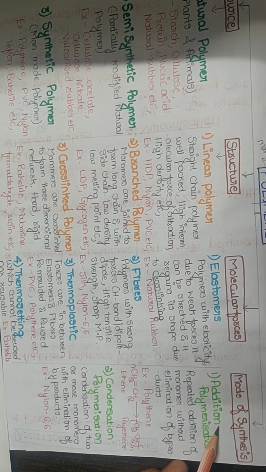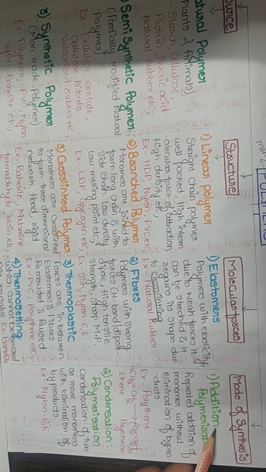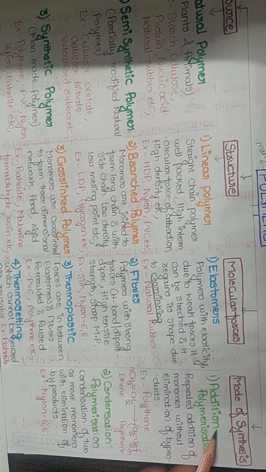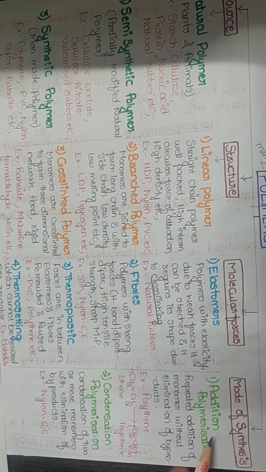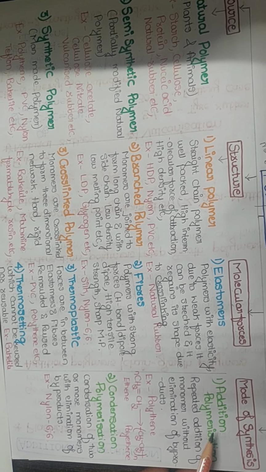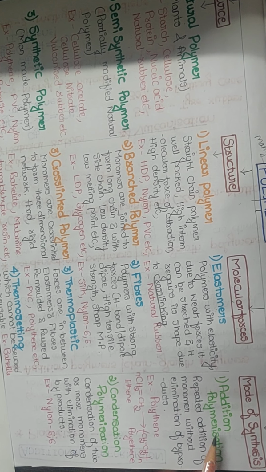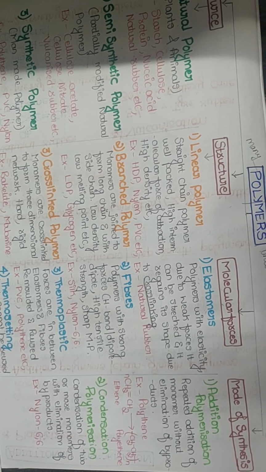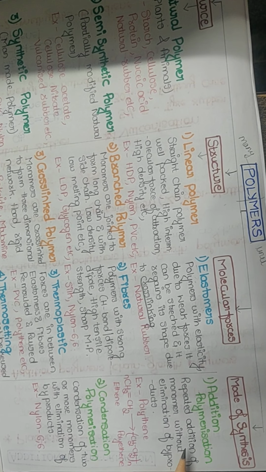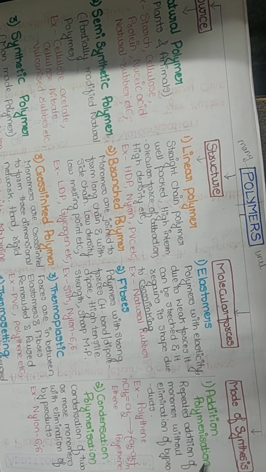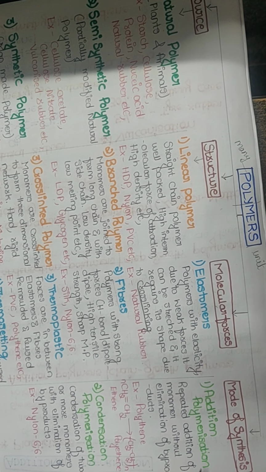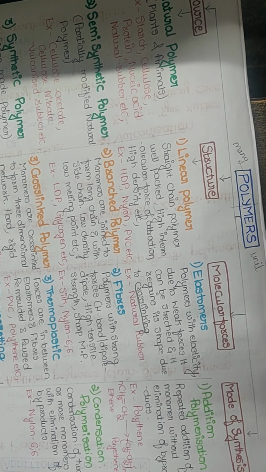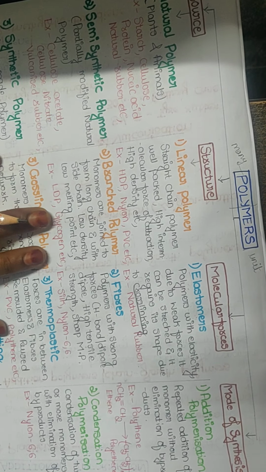Addition polymerization, I hope you know, you might have heard about addition reactions, which are highly characteristic of unsaturated systems or unsaturated substrates. The same concept is applied here. Addition polymerization can happen with those monomers which have unsaturation.